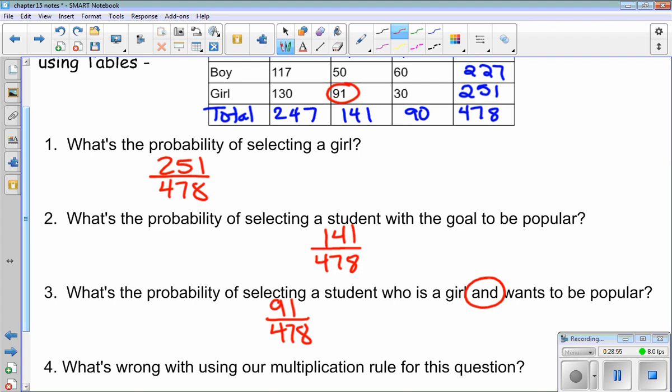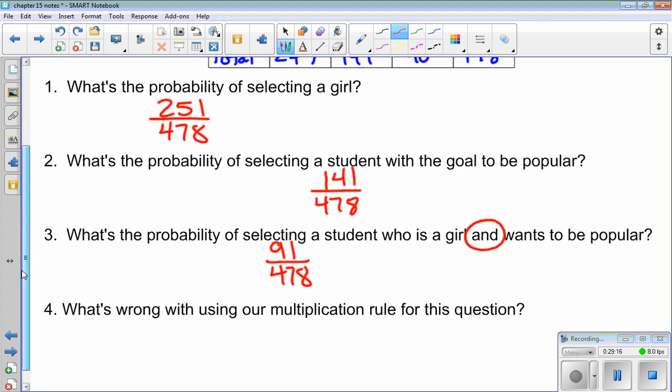Now, I'm going to stop there for a minute because I'm going to ask a question. Stephanie asked me earlier, doesn't and mean that you just multiply them together? Do you agree with that? And up to this point, I have said yes, right? Let's just double check that theory, because I think that's a good thing to look at. So we want to look at what's the probability of girl and popular.